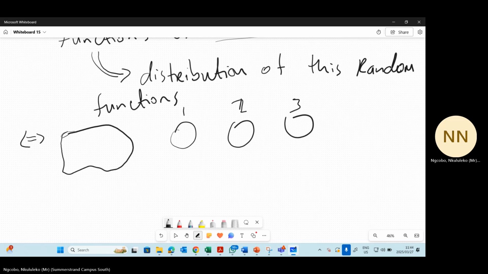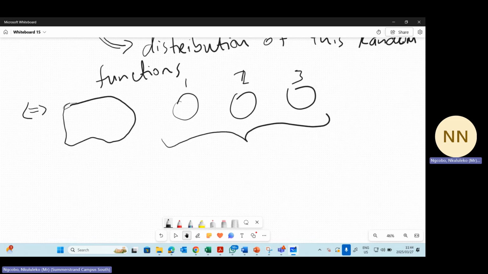What we're trying to do is have a general form of the distribution of these samples, the distribution of different samples that you might find from one population.